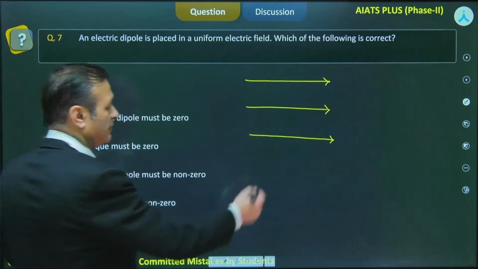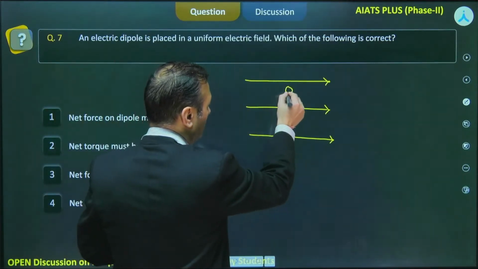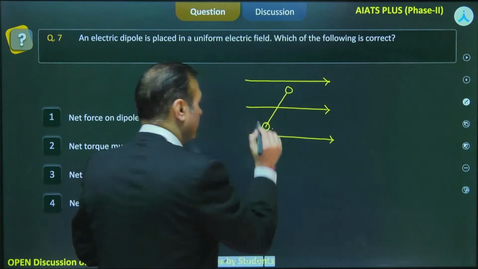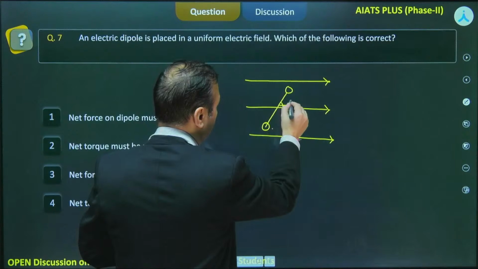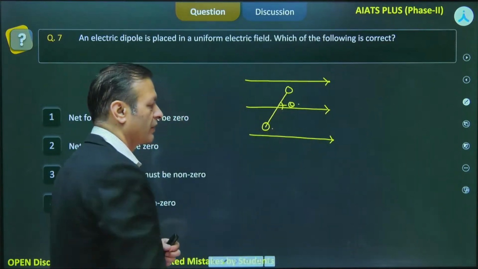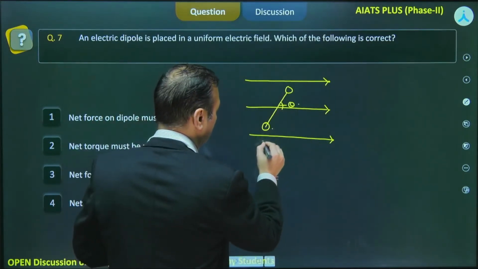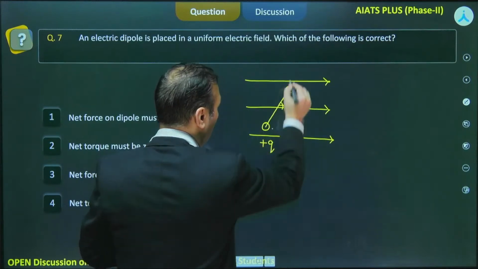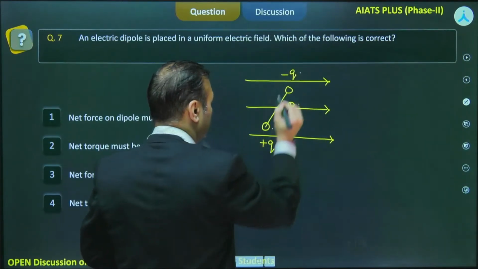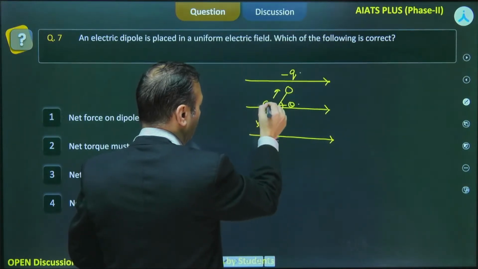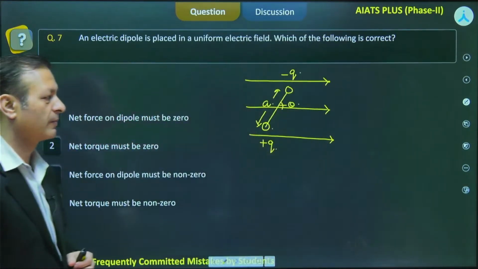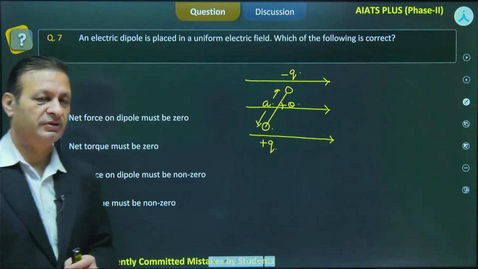And let's place one dipole, maybe placed at an angle theta. So this may be the positive charge and this the negative charge, and they have a dipole length of A. So this is the concept.